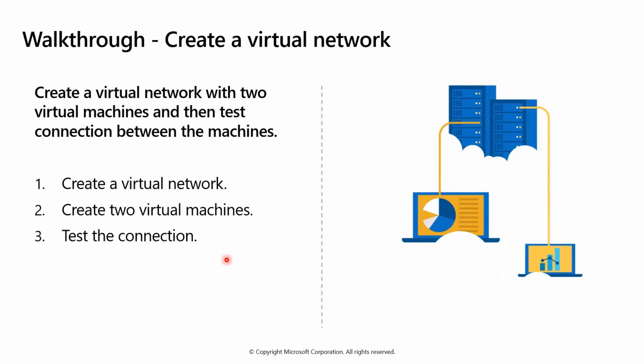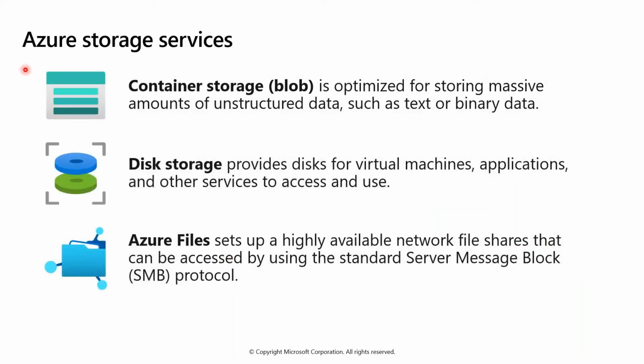Okay, after this, you have Azure storage services. For your storage services, you will mostly have three types of storage. First will be your container storage, which is known in Azure as blob storage. Whenever you come across the word blob, it is for binary data. So you can store anything, starting from unstructured data. It could be text, videos, binary, CSV, Parquet, whatever you can think of.